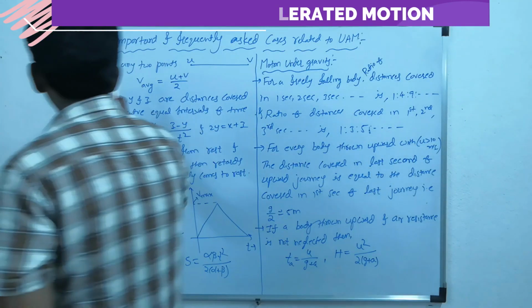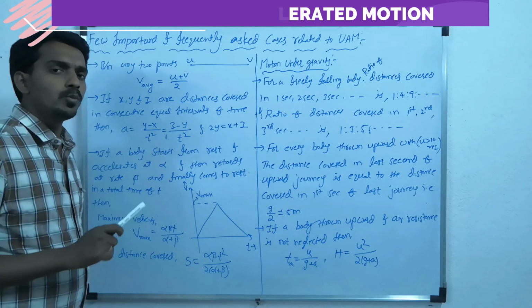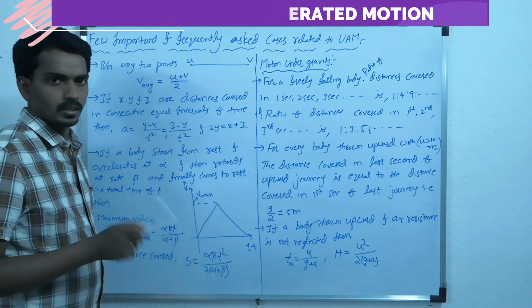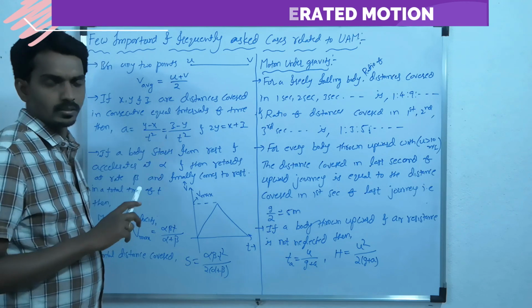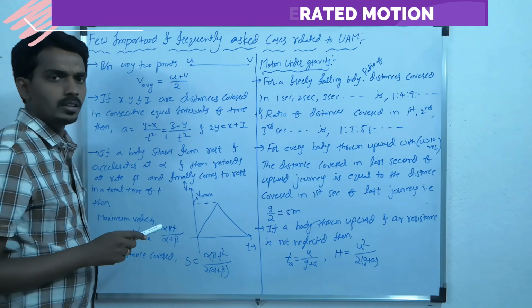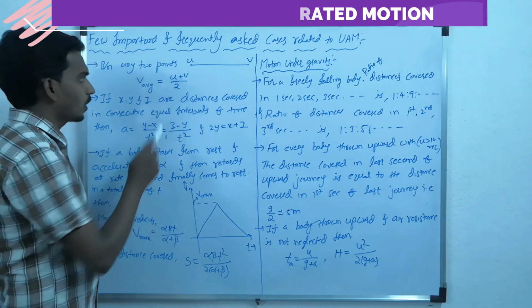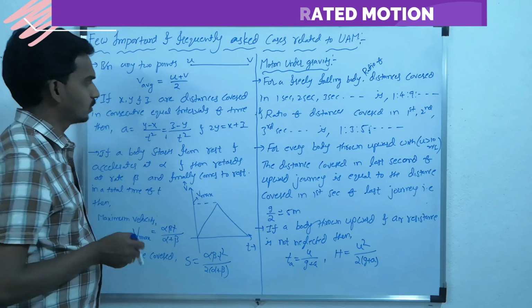So the very first point: consider any 2 points of uniformly accelerated motion. If the initial velocity is u and the final velocity is v, then the average velocity between the initial and final point is (u plus v) by 2.